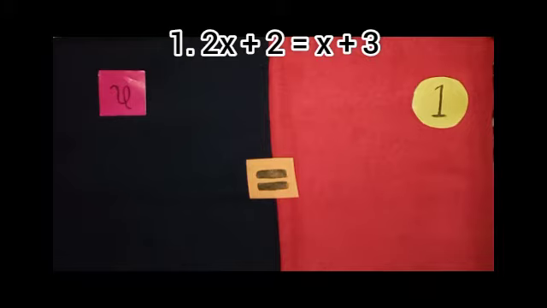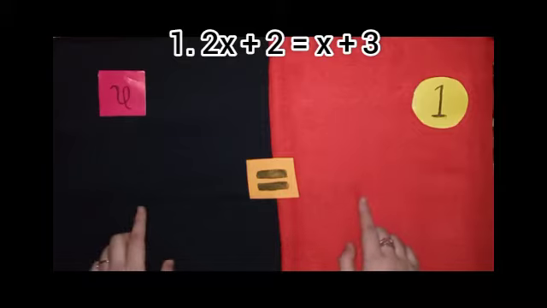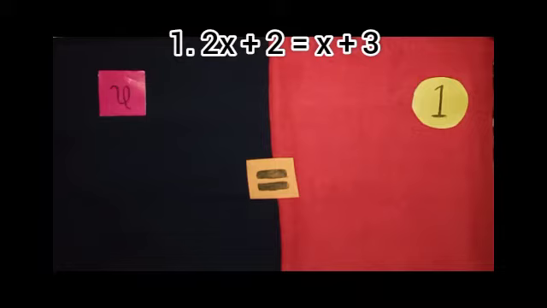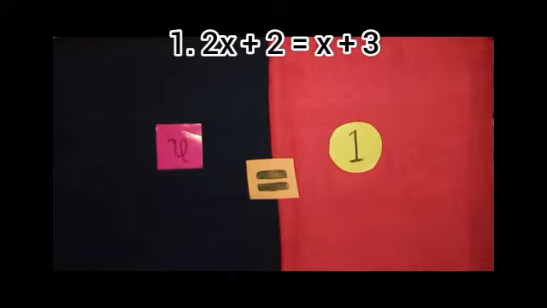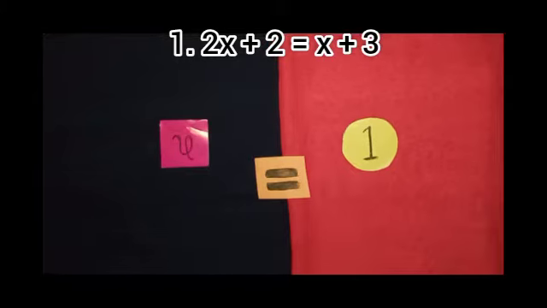Then, one circle 1 will remain on the red board. Fourth, from the elimination, the remaining variables and constant we call the solution of the equation. From the example, the remaining are one box x on the blackboard and one circle 1 on the red board. So the solution is x equal to 1.